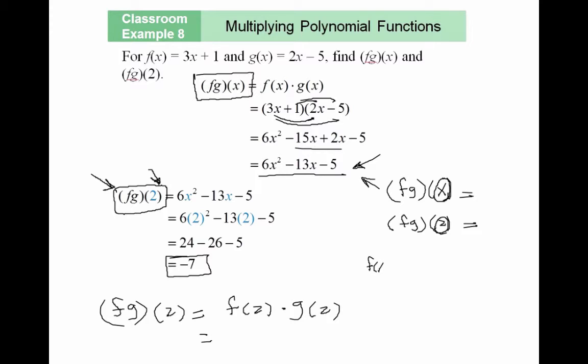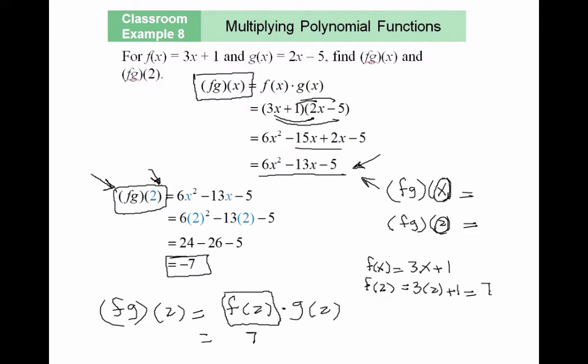They're giving it to me as f of x equals 3x plus 1. So f of 2 would be you substitute 2 for each x in the f function. So what do I get here? 2 times 3 is 6, plus 1 is 7. So this would be equal to 7.